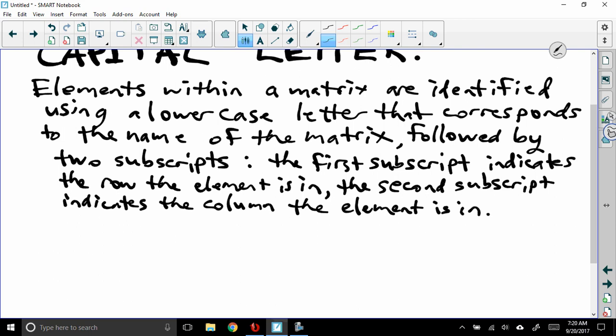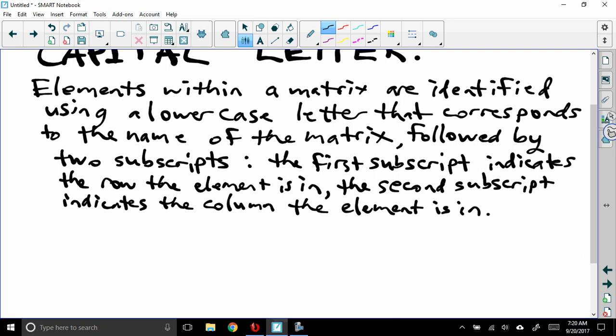I really don't like ending sentences with prepositions, but there you go. Elements within a matrix are identified using a lowercase letter which corresponds to the name of the matrix. So if the name of the matrix is capital B, you'll use a little b, followed by two subscripts. The first subscript indicates the row the element's in. The second subscript indicates the column the element is in.